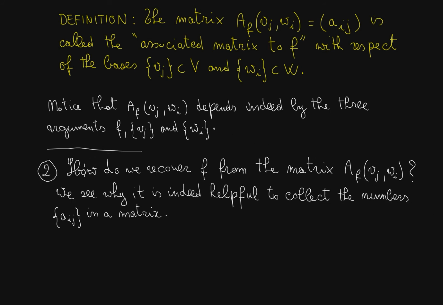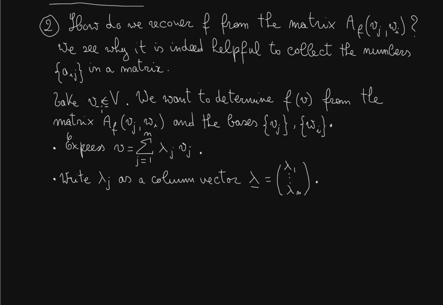Now, step 2: how do we recover F from this associated matrix to F? So now we see why it is indeed helpful to collect the numbers a_ij in a matrix. Take any vector little v in the vector space V, and we want to determine its image from this matrix and the bases Vj and Wi.